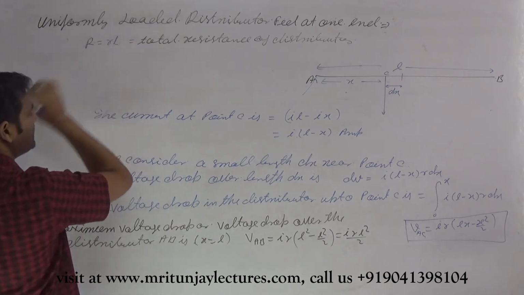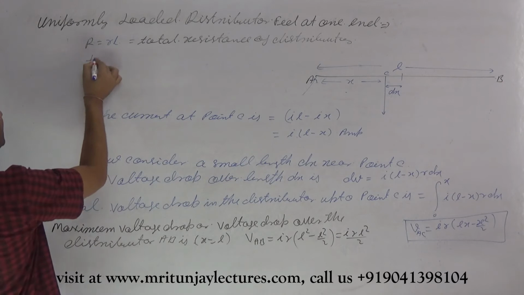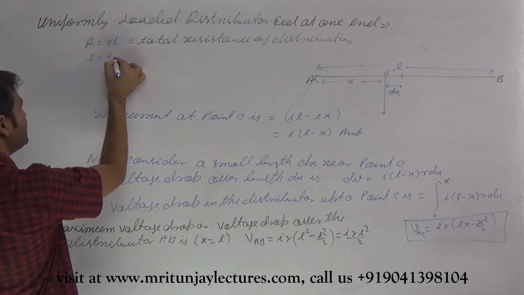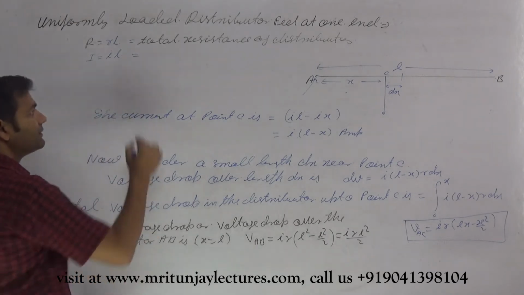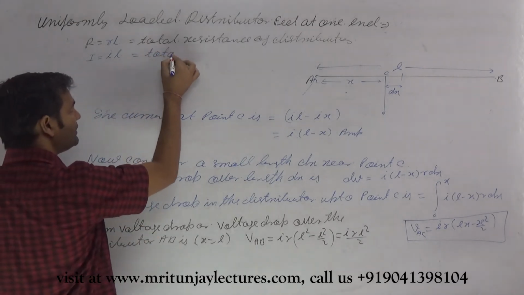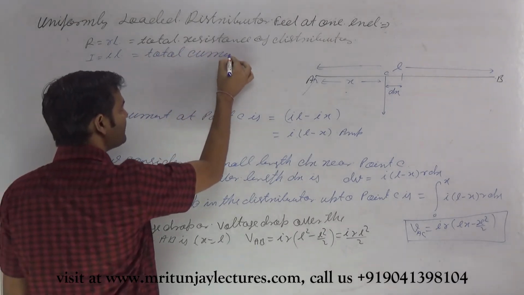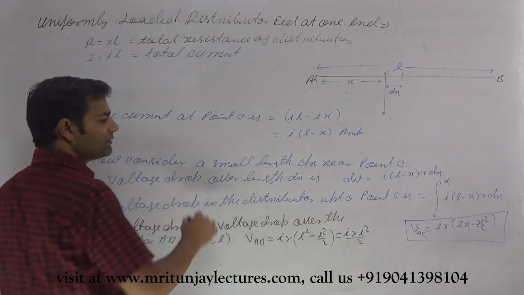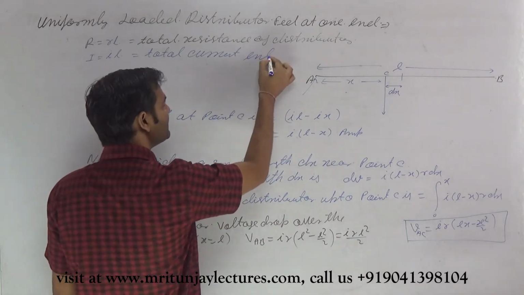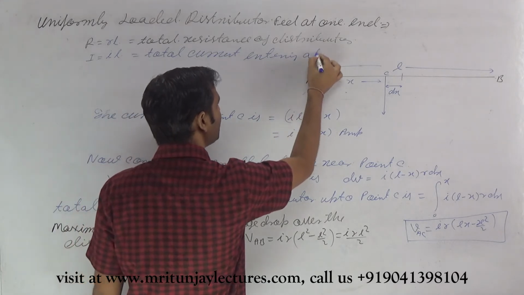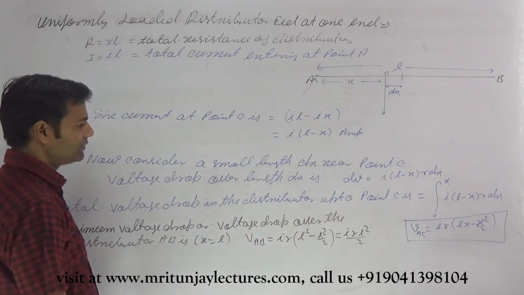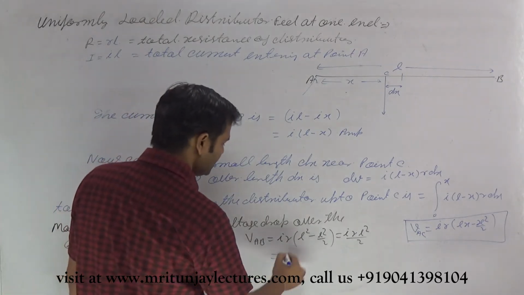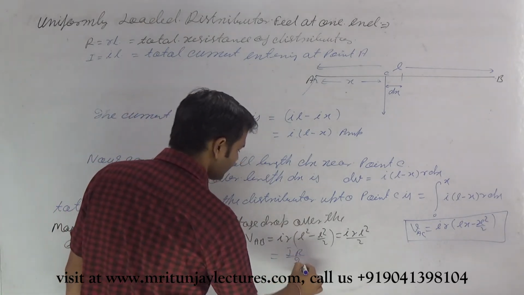And what about I? Small I into L is the total current entering at point A. So it is also written as capital I into capital R by 2.